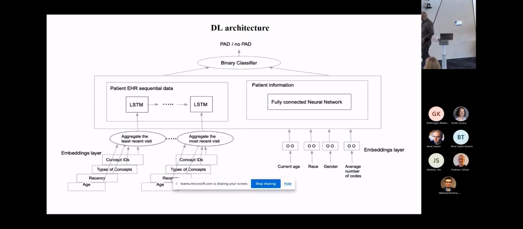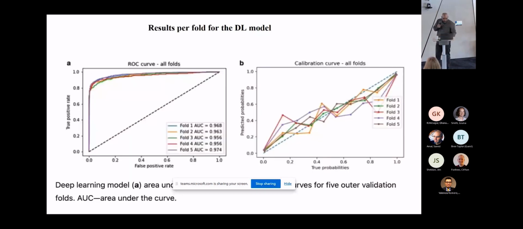If we look at the ROC curve for the deep learning models, we can see that we had 5 folds, and we calculated the AUC and drew the ROC curve, and in this case the 5th fold performed best.